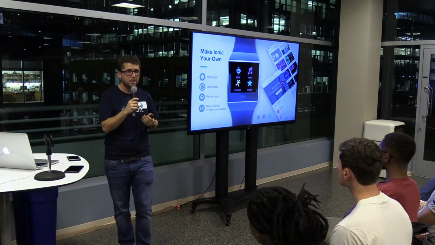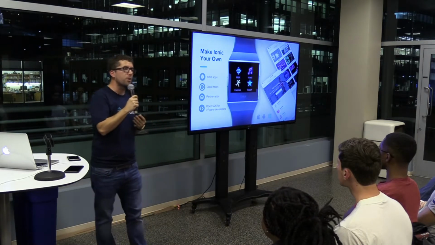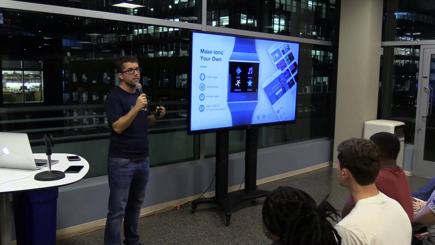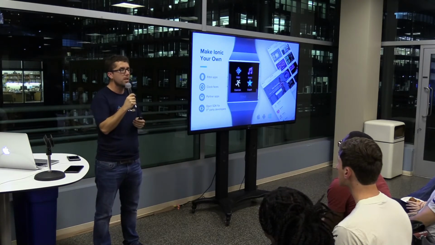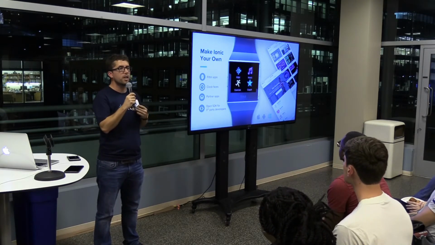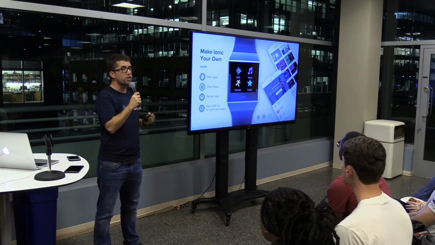So what types of apps? The apps that are supported on Ionic are clock faces and then general apps that live in the principal menu. We think that apps on Ionic are really bringing personalization to the user.